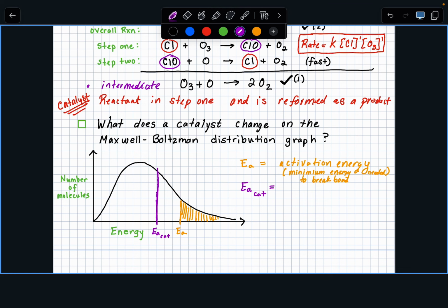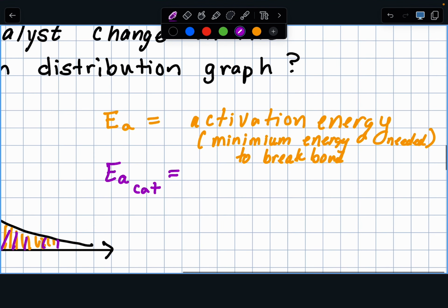So like right here is the minimum energy needed, and you catch all of these particles, and all of these still get to go also. So now you have a larger amount of particles that have the appropriate energy to break bonds. So this again is the activation energy with a catalyst.